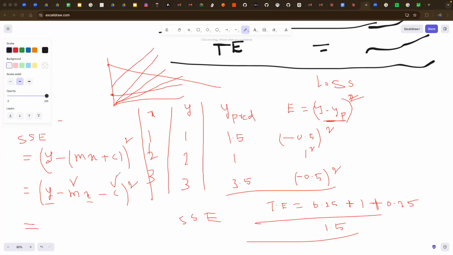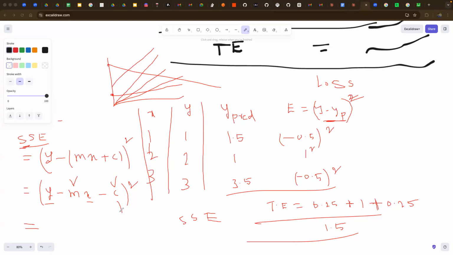If you interpret this, or if you draw it on a coordinate plane, how does it look? There are three variables basically. SSE is dependent on this M and C. So I may not be able to show it in this notebook.